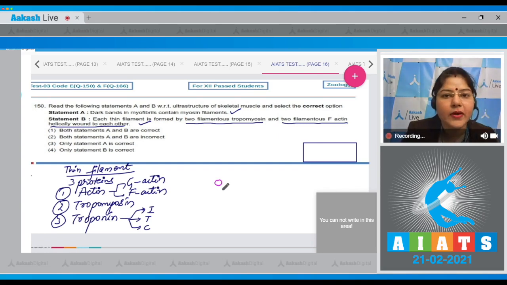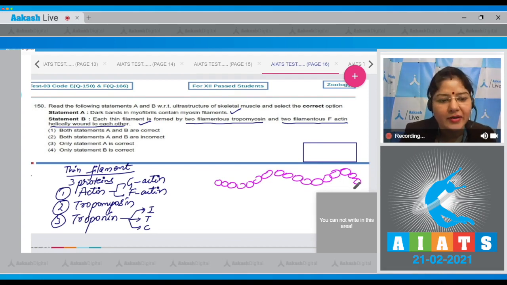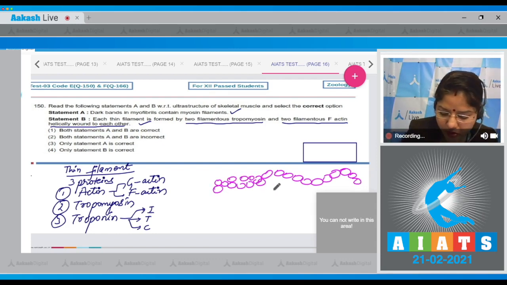G-actin is globular and it is a monomeric protein. Many G-actin polymerizes to form F-actin. This is one molecule of F-actin, and in thin filaments, 2 molecules of F-actin are present, which are helically coiled around each other.